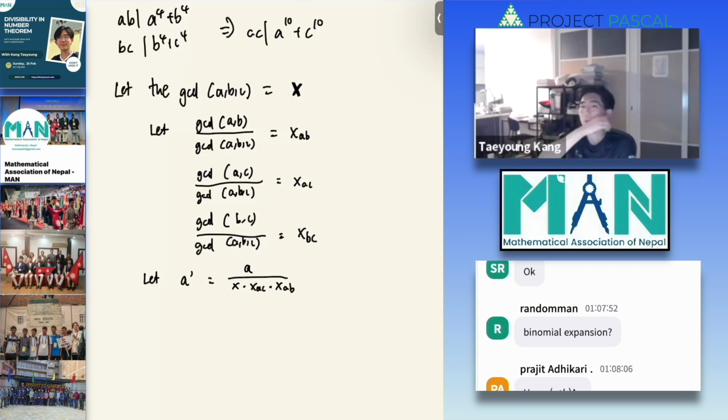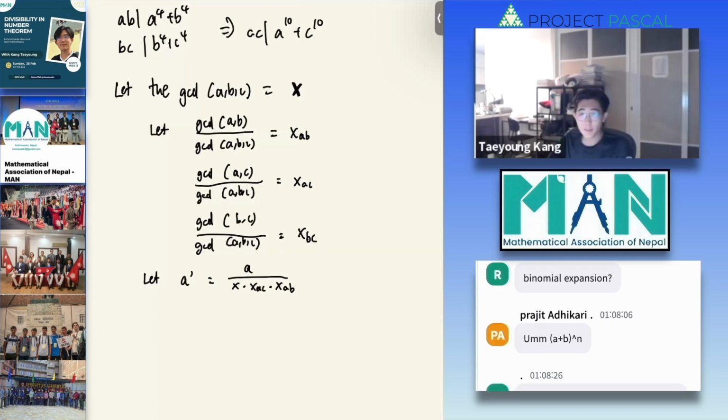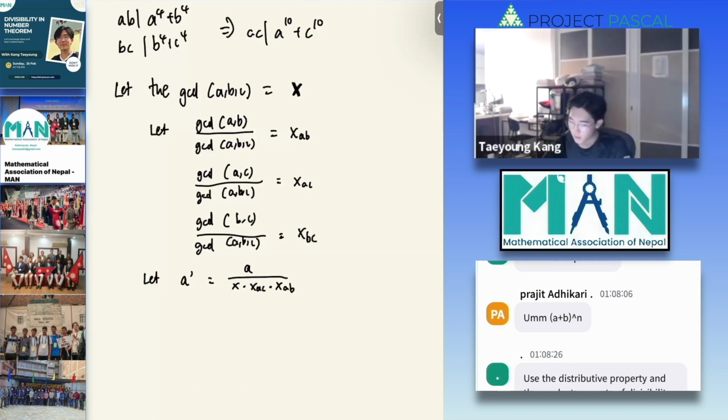Right. So the GCD of A and B has to be some multiple of the GCD of A, B, C. And next, X_AB and X_AC are coprime.